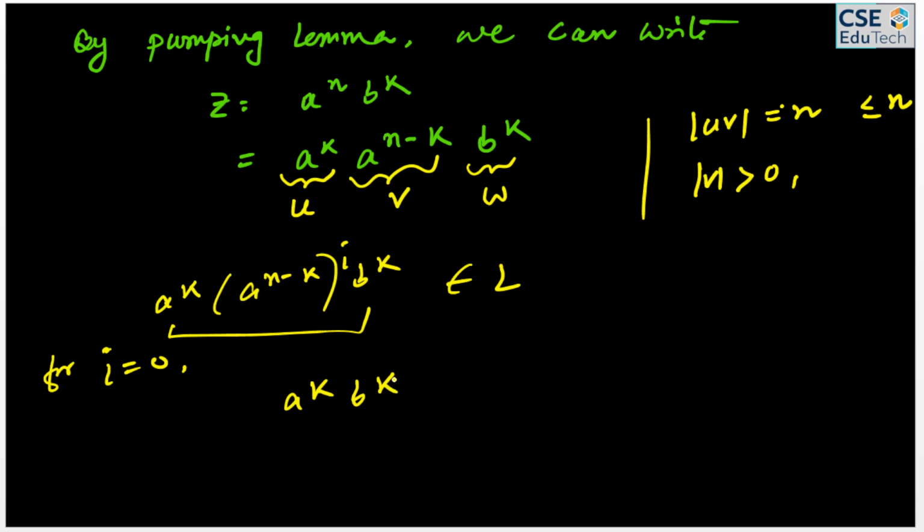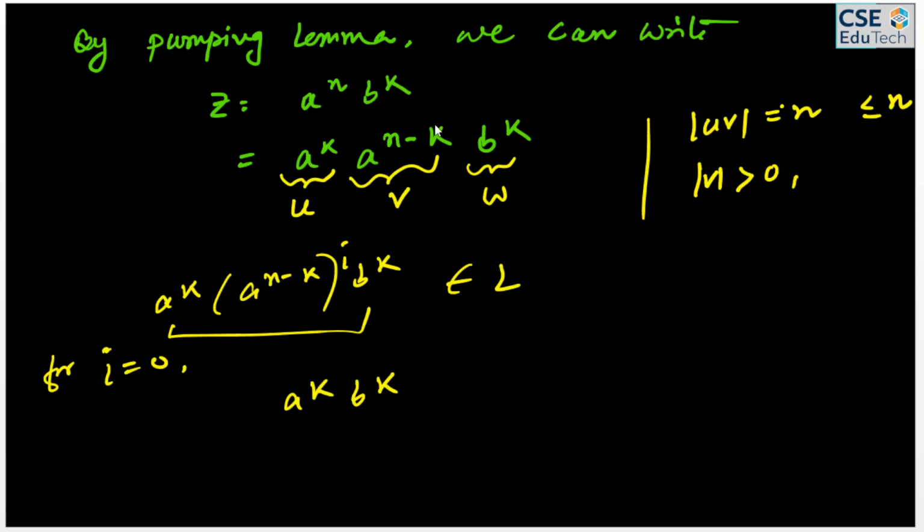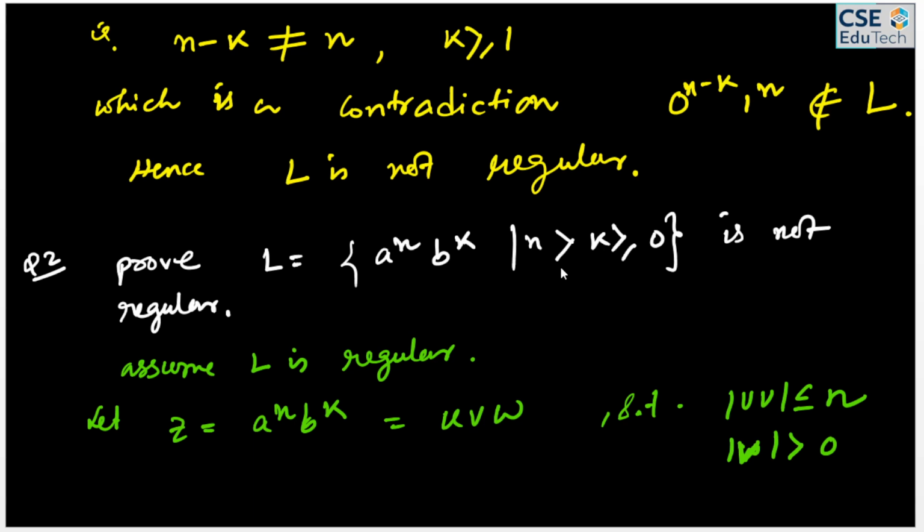But the question says that n is greater than k and k is greater than or equal to 0, right? So k can be 0 also. If k is equal to 0, then obviously the length of v will be greater than 0, no problem here. Here we have assumed that k is greater than 0 as per the question. So now n is greater than k, obviously.